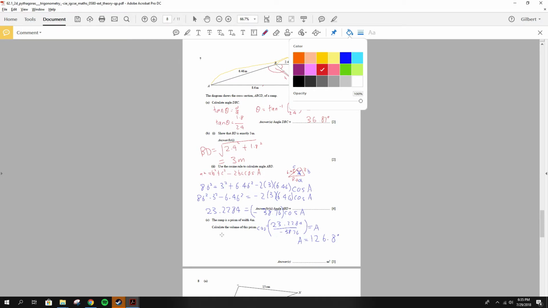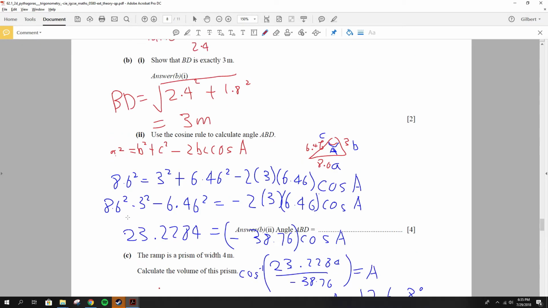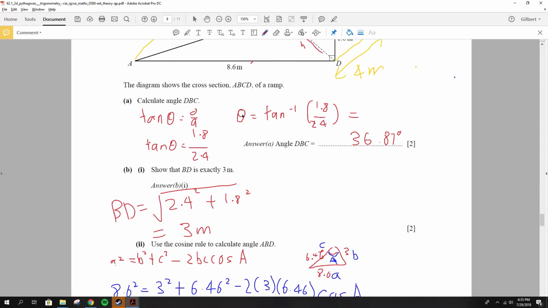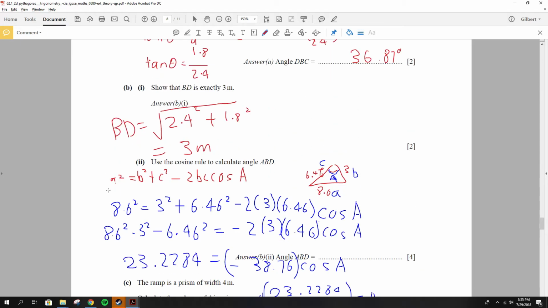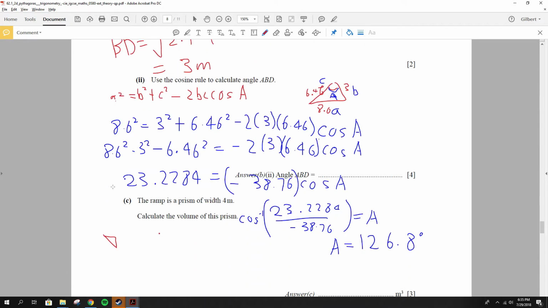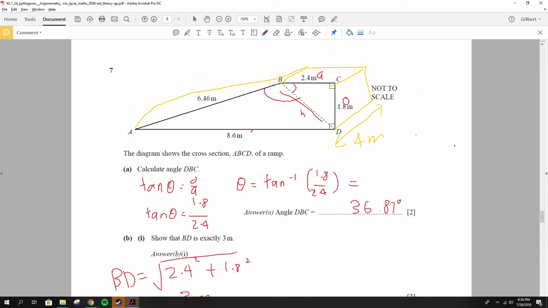Calculate the volume of the prism. First, you need to calculate the area of this triangle here, which has sides 2.4 and 1.8, and add it to the triangle over there.